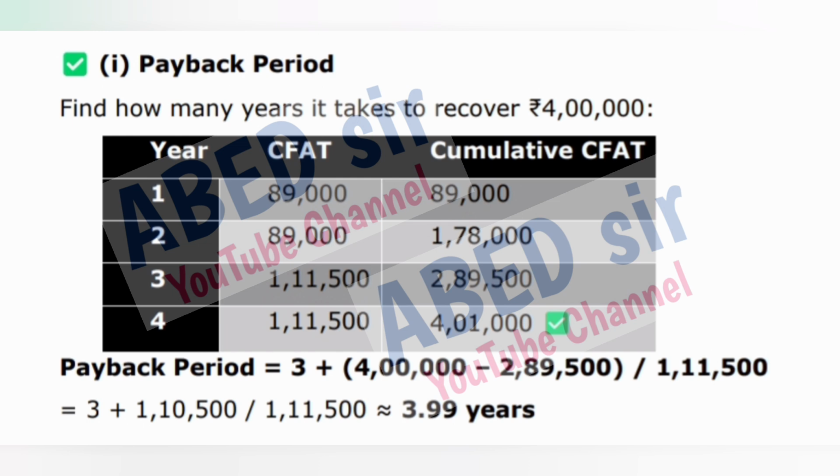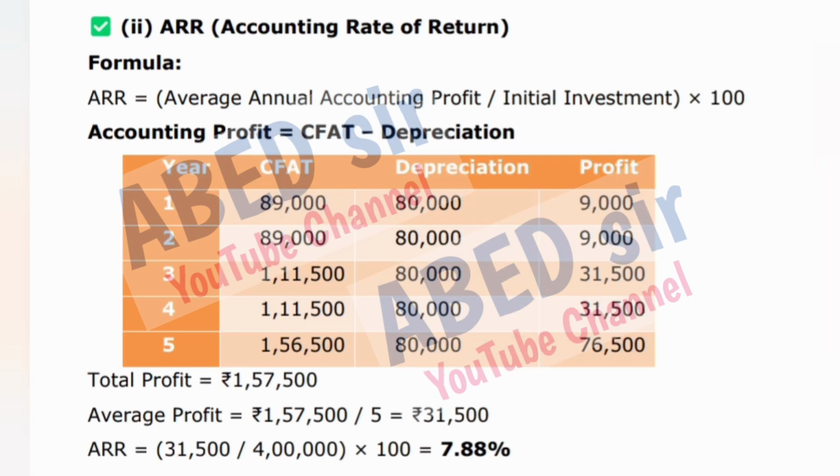Payback period is equal to 3 plus (4 lakhs minus 2,89,500) divided by 1,11,500 is equal to 3 plus 1,10,500 divided by 1,11,500, is equal to 3.99 years.